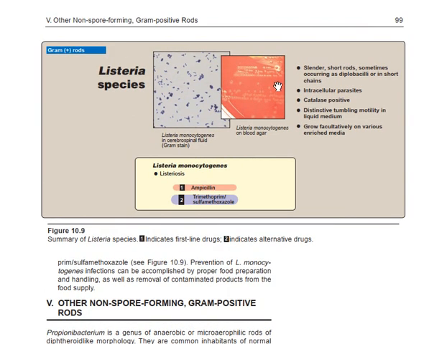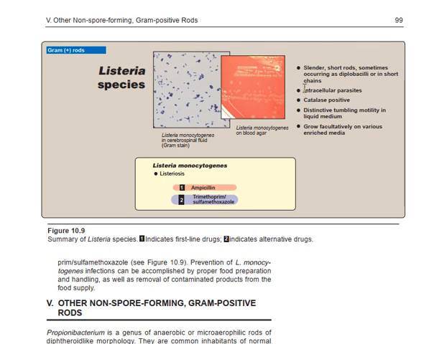Now, these are the generalities of the Listeria species. The Listeria species are characterized by being slender, short rods, sometimes occurring as diplococci or in short chains. That's the first characteristic. They can occur as single rods, diplococci, or short chains.